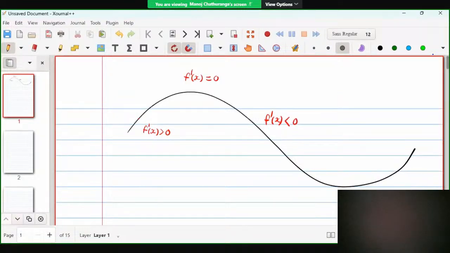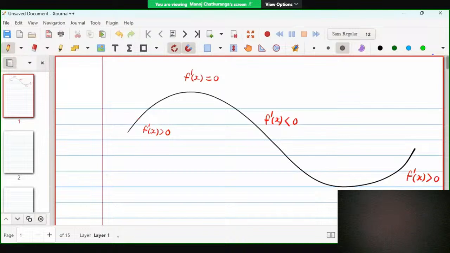Again, at this very bottom point, slope of the tangent line is 0. Then it starts to increase. The function increases and the slope of the tangent line becomes positive.